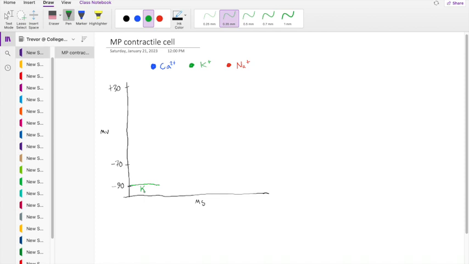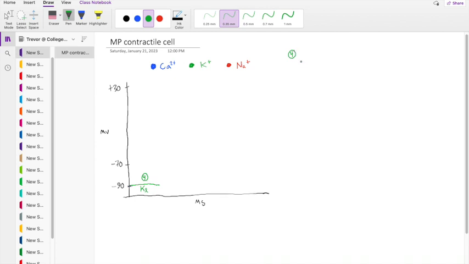So I'm going to call this K and a little sub L. So we'll put a little 4 above this. And because we have potassium leaking out, remember that's a positively charged ion, so when that's leaving we become more negative. So we're down here at negative 90, a little more negative than usual. And let's go up here and start like that. So this is step 4.